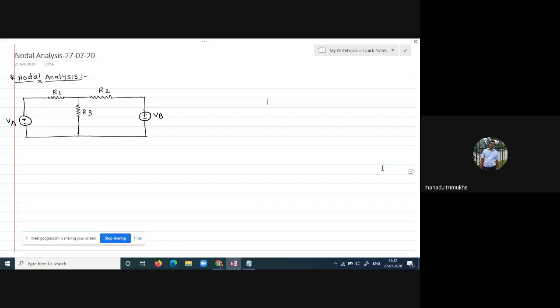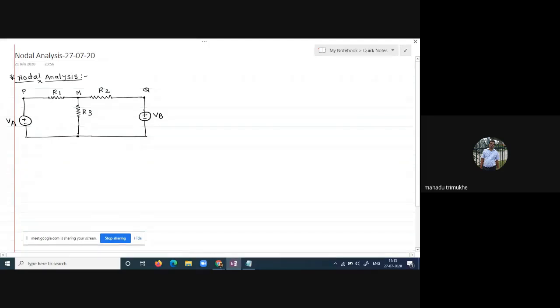Suppose we mark here the possible nodes present in the electrical network. This node we call P. Suppose here I consider another node, that node is M. Here I consider a node Q, and here I consider again O as a reference node.